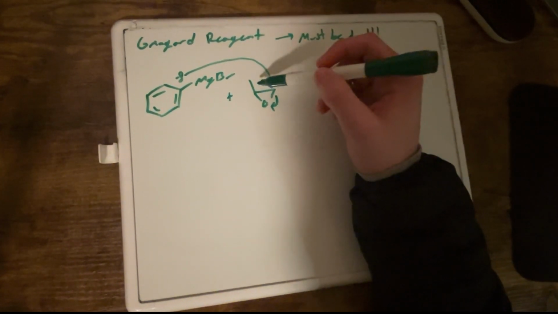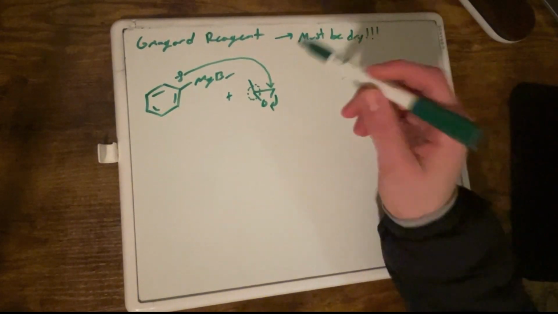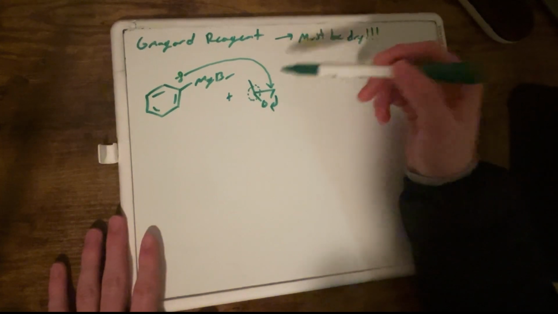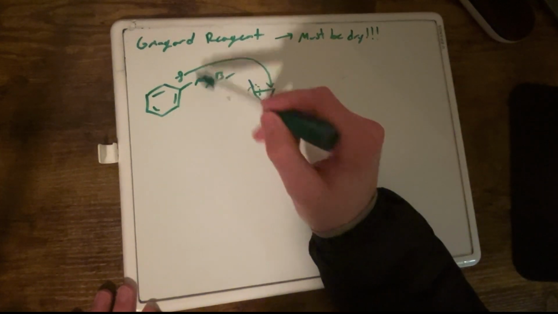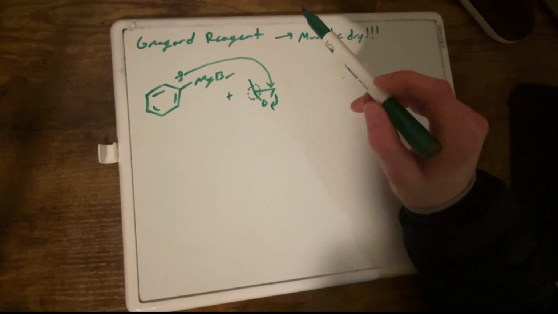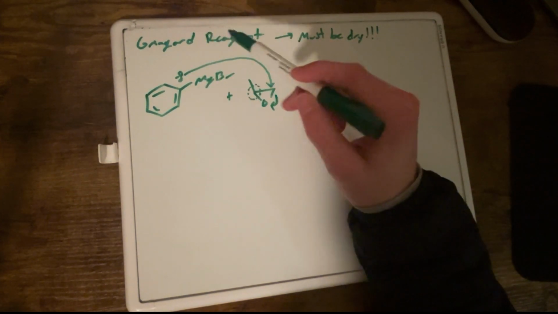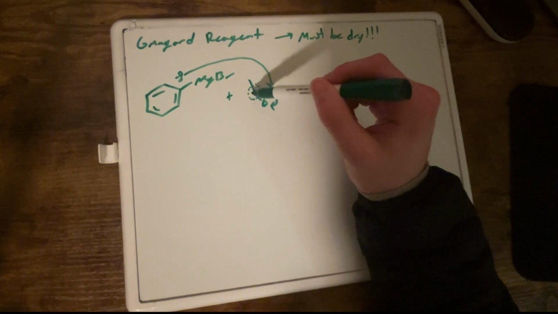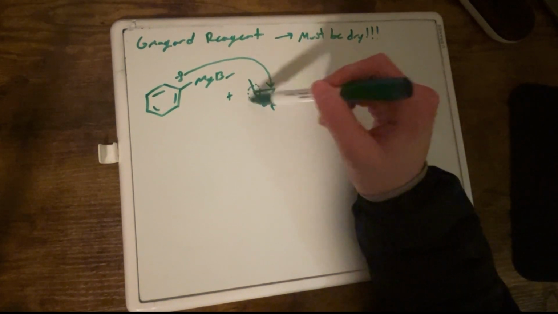Even though technically this partial carbocation is more stable, it's also more sterically hindered than this side, right? And with a big molecule like this, or really in most examples I've seen so far, this steric hindrance is enough to basically offset the preferred carbocation.